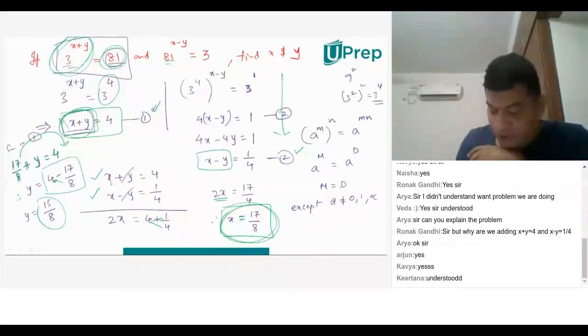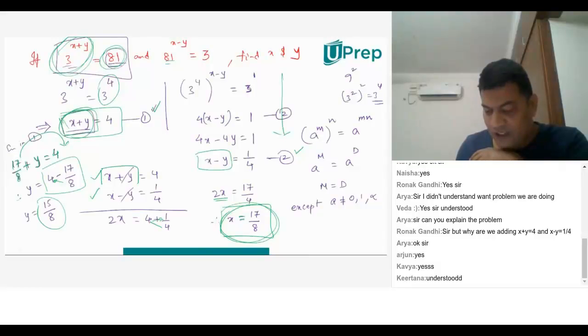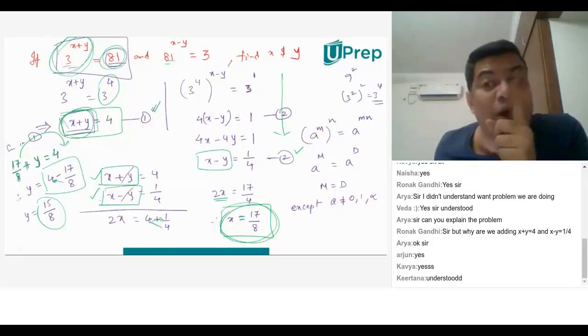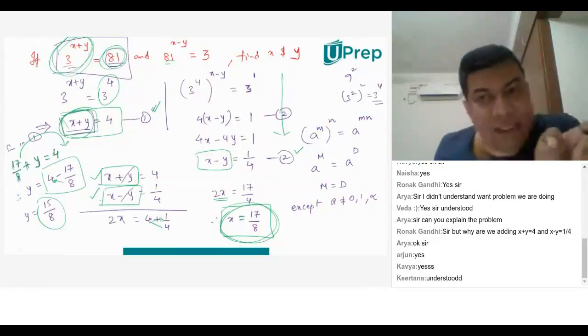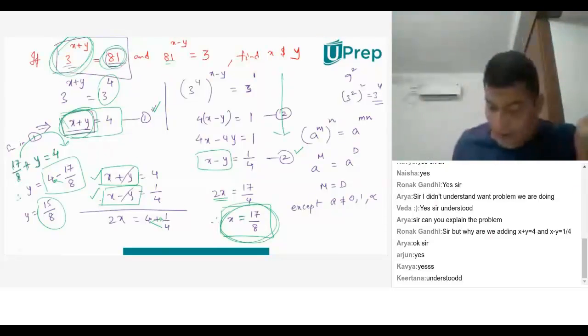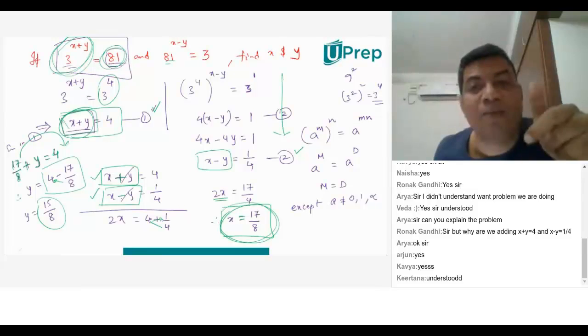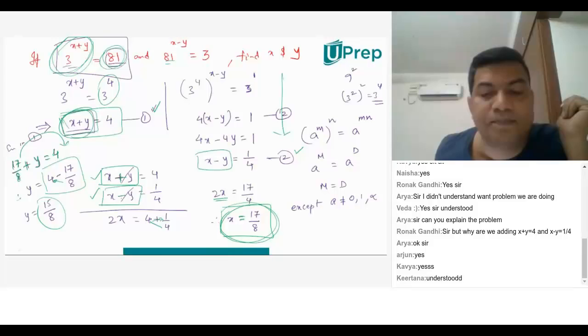So whenever you have linear equations in two variables to solve, if you have x plus y is equal to 4 and x minus y is equal to 1 by 4, basically you have to eliminate one of the variables. You have to either get the problem in x or create the problem in y. So here by adding plus y and minus y, we are eliminating y. By eliminating y, we are able to get the value of x. So that is the reason we are adding them.